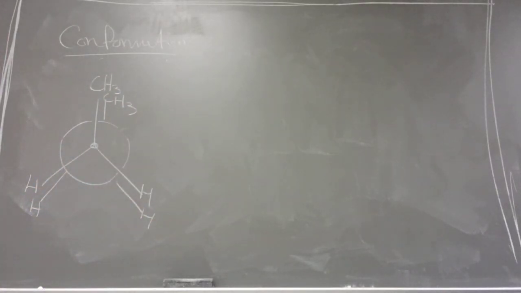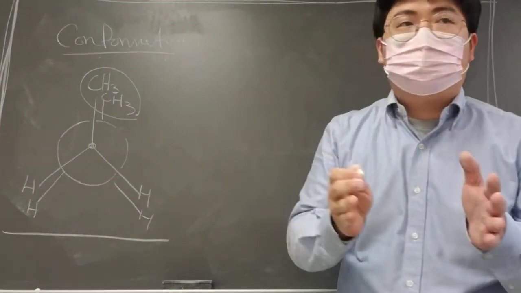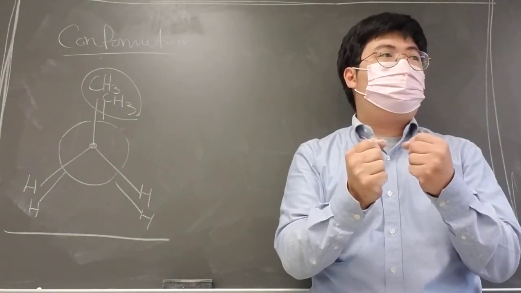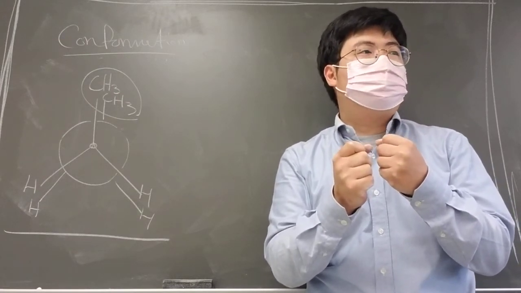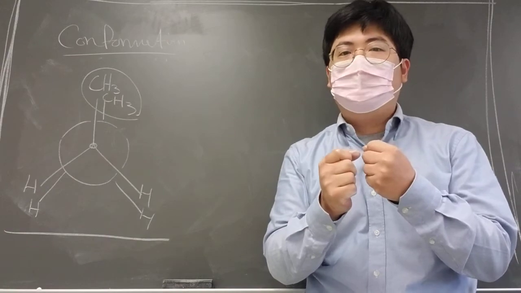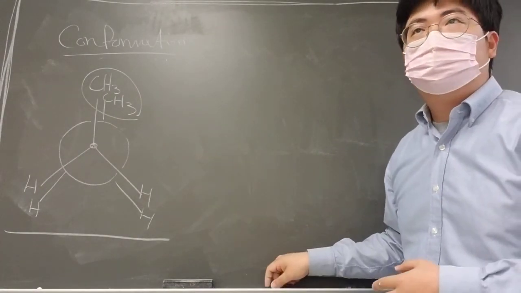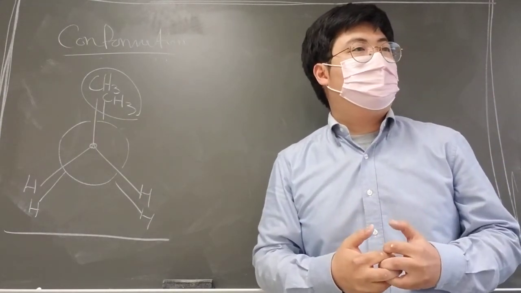So the worst scenario will be this one. This will be the least stable, the most unstable conformation, because these two methyl groups on each carbon now experience not just the torsional strain, but also the greatest possible steric strain over here. So does it make sense? This will be the most unstable, or least stable, conformation of the compound.